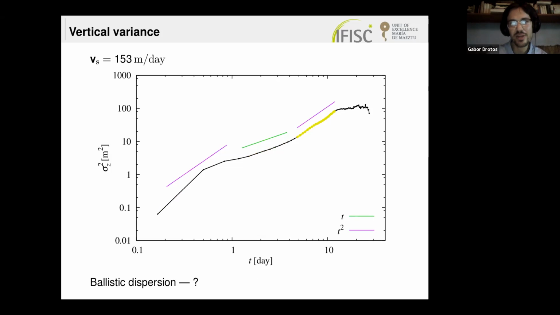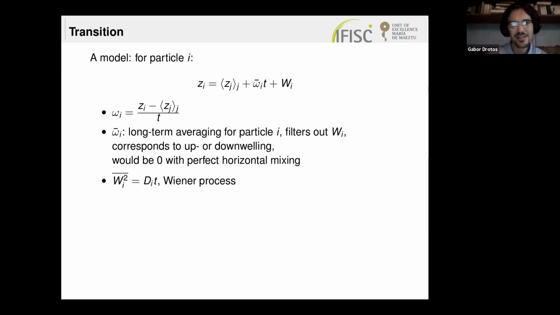And to explain that, Emilio Hernandez Garcia, one of the collaborators, came up with a model in which the vertical position of particle i is the sum of 3 terms. First of all, we take the average vertical position of all the particles that we have, and then we introduce the result of a Wiener process, which explains the fluctuations.